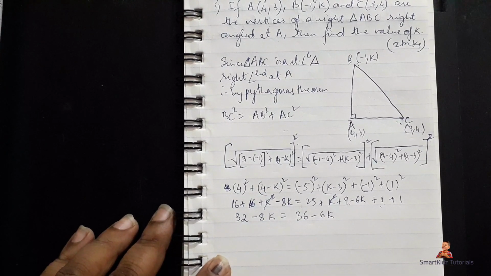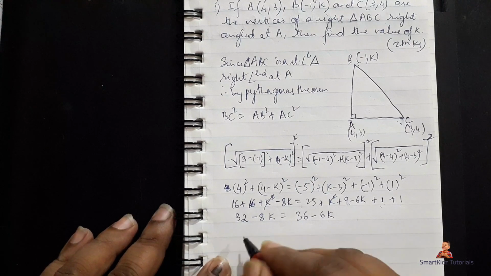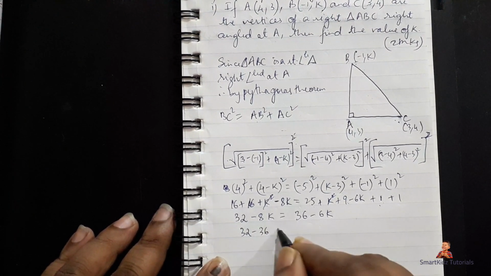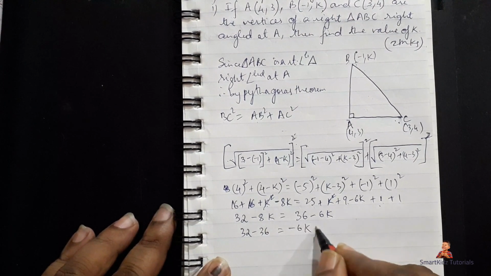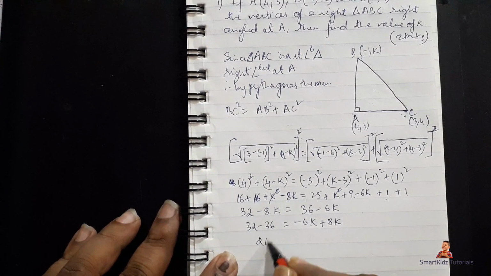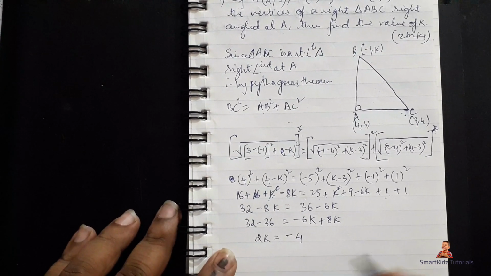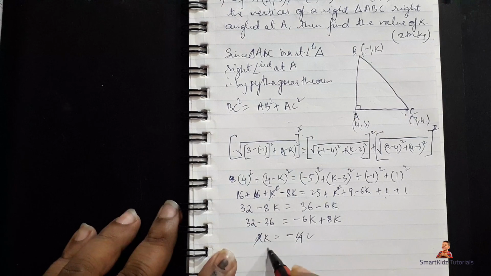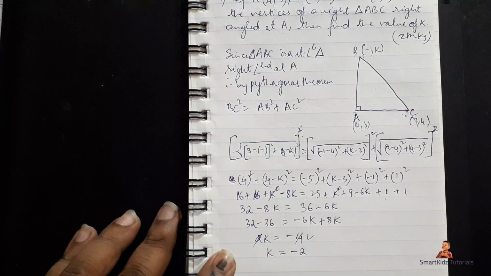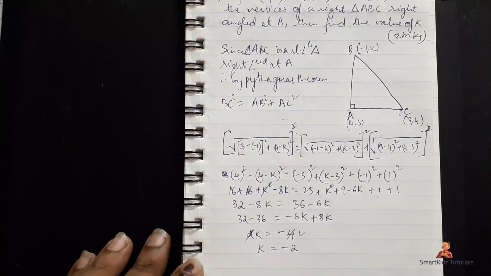Next, we'll take the minus 8k to the other side and bring the 36 here, so that would be 32 minus 36 equal to minus 6k plus 8k, that gives us 2k equal to minus 4. We cancel, 2 ones are 2, 2 twos are 4, we get k is equal to minus 2. So that is the answer for this question, k equal to minus 2.